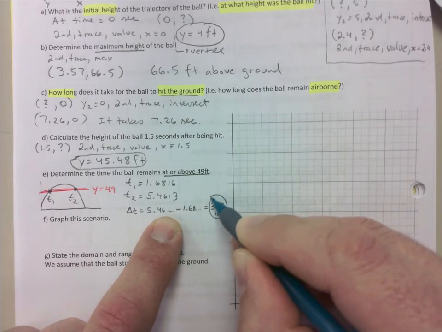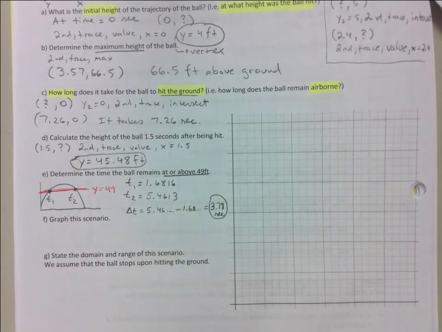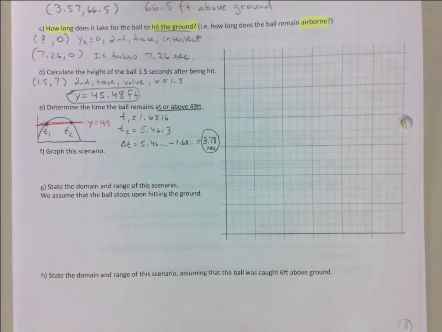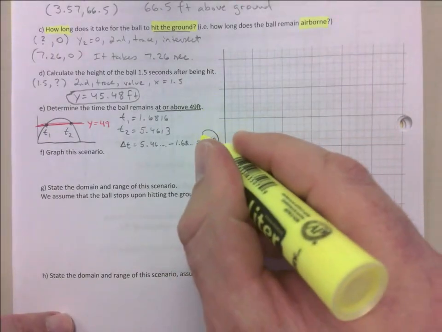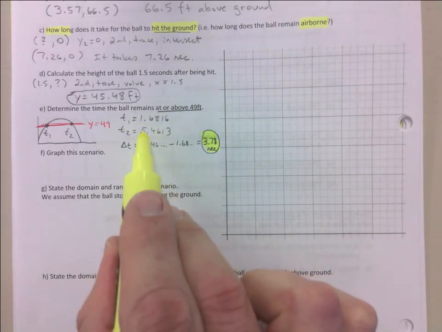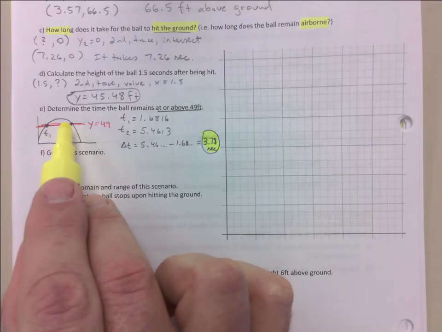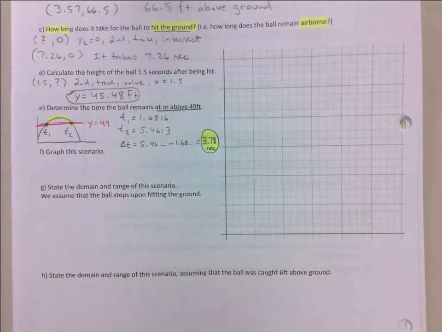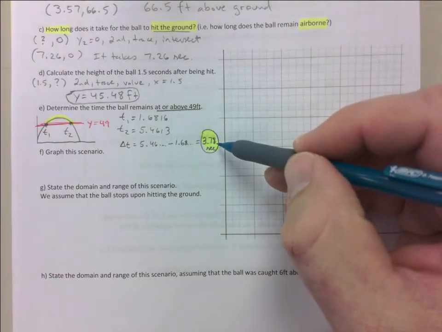This is really tight, eh? The space. I don't know what I was thinking. That right there is the time that went by between time 1 and time 2. So you're basically finding out the time that went by where it was at or above. So it took 3.78 seconds.